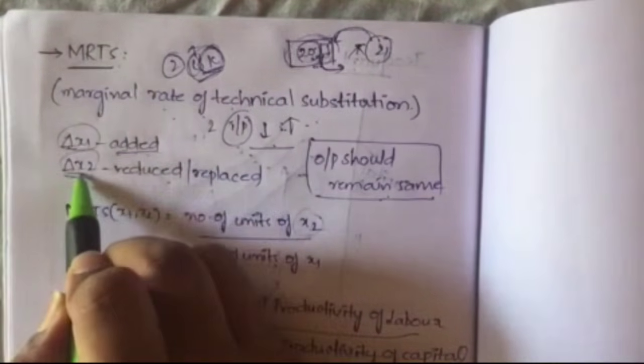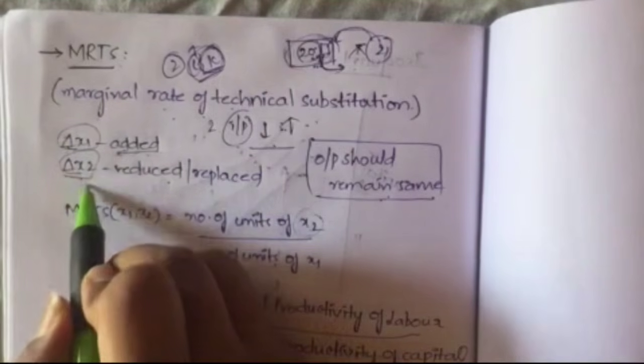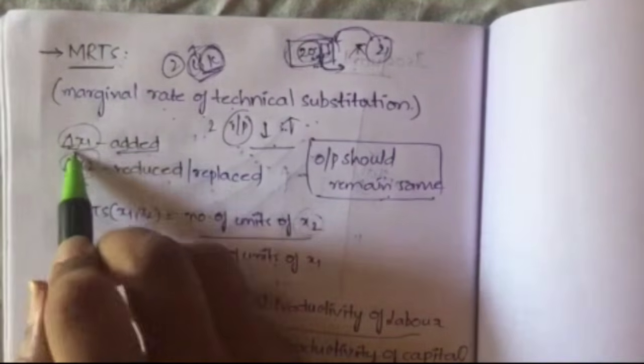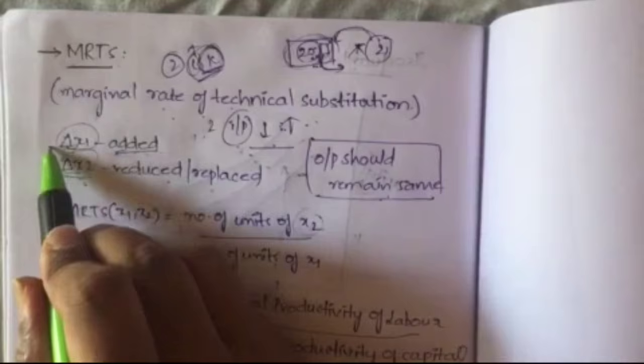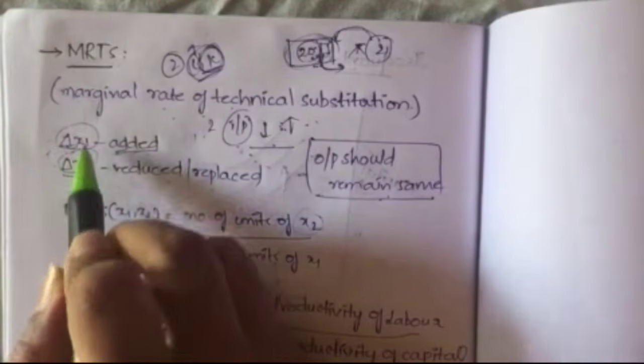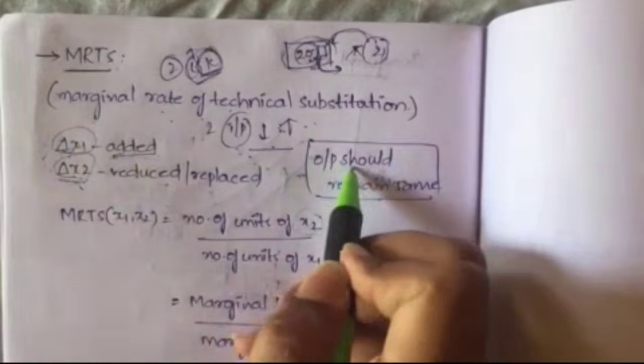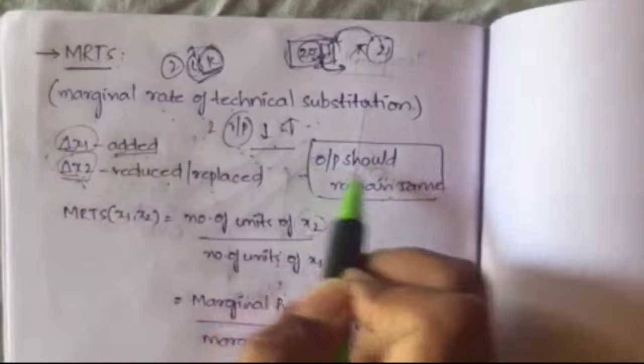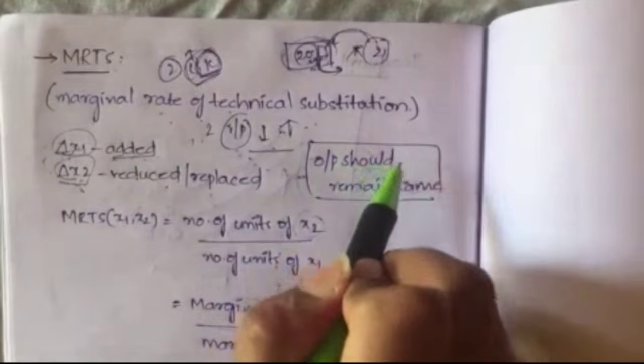Already existing x2 is replaced by delta x1. However you replace, whether x1 with x2 or x2 with x1, the output should remain the same at the end. This is our main motto. Output should always remain the same.